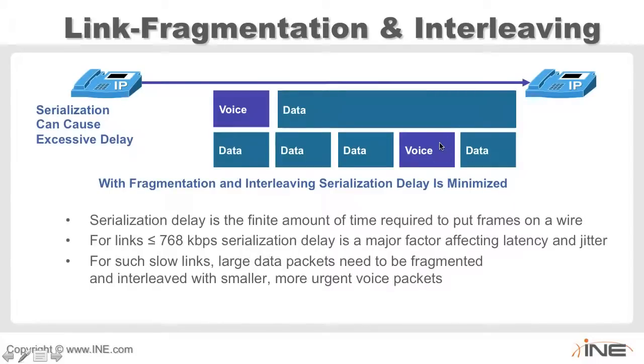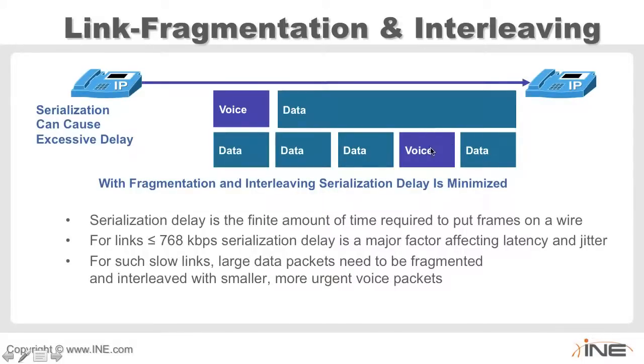And it's also the reason that on links, which most traditional links today, I don't know, there's still plenty of people that have under 768, so I don't want to make anyone feel bad, but a lot of links are a lot higher than 768K.